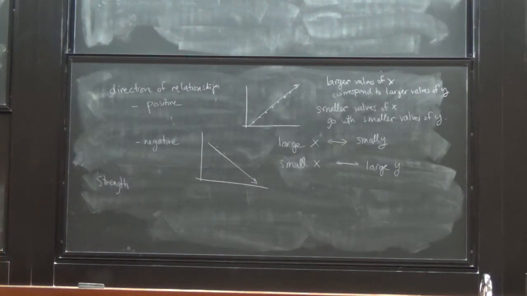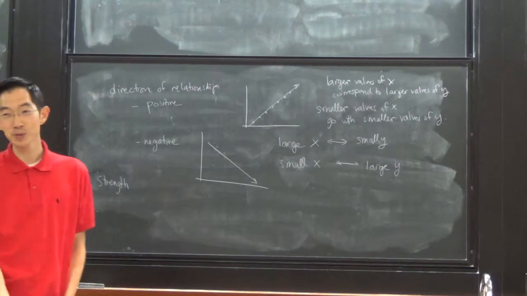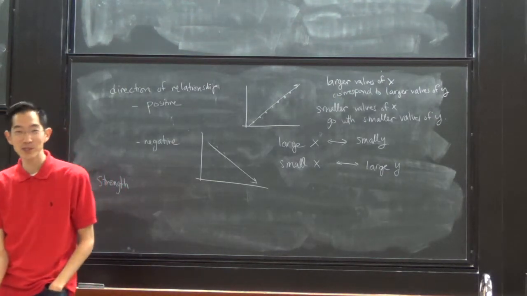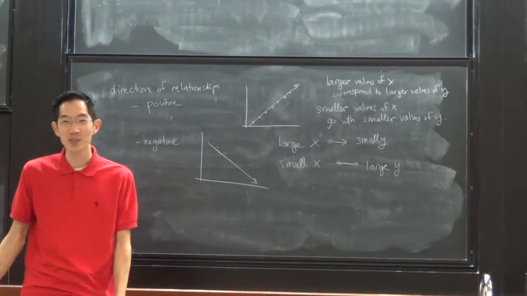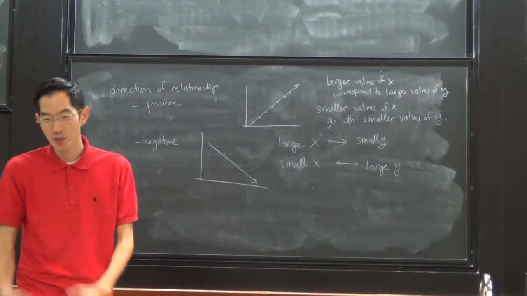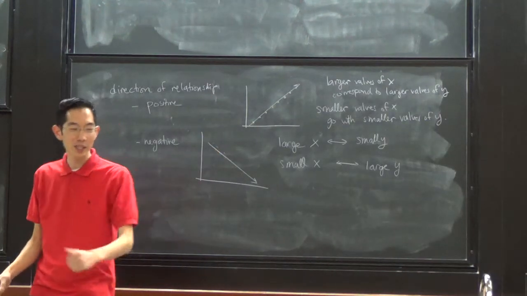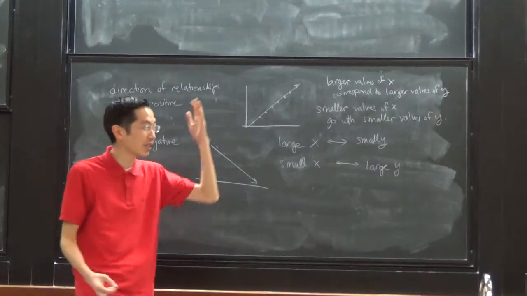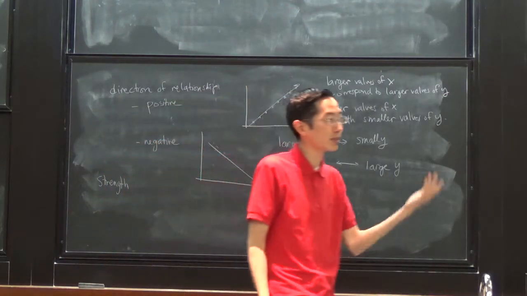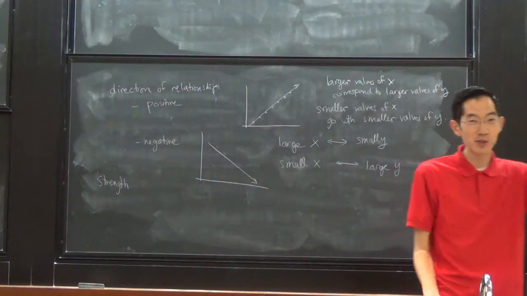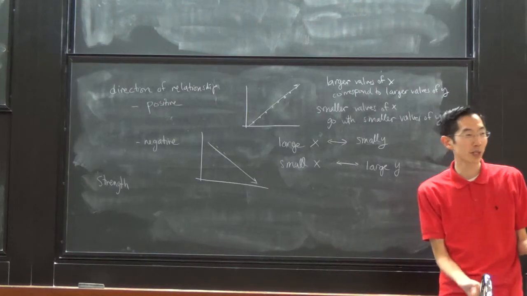Yeah. Eating and losing weight. Okay, so the amount of food consumed and the amount of weight lost. Maybe you're on some diet program. Maybe we should just say the amount of calories consumed versus the amount of weight lost.